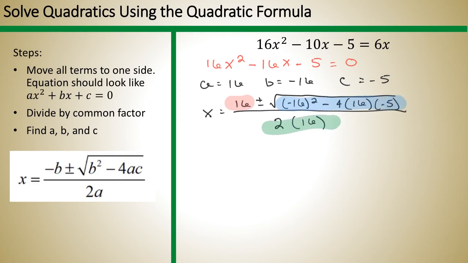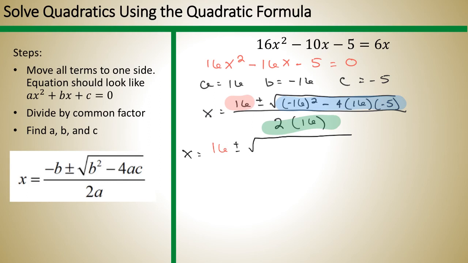So the first part, we have x is equal to 16, plus or minus the square root of negative 16 squared.